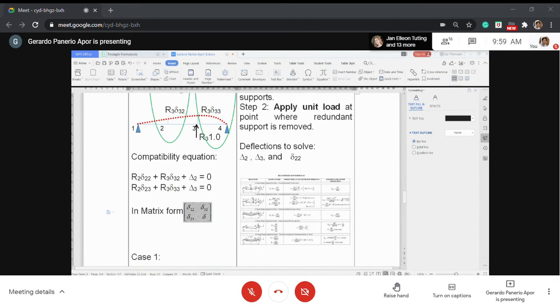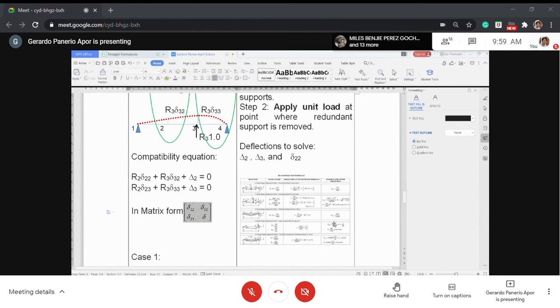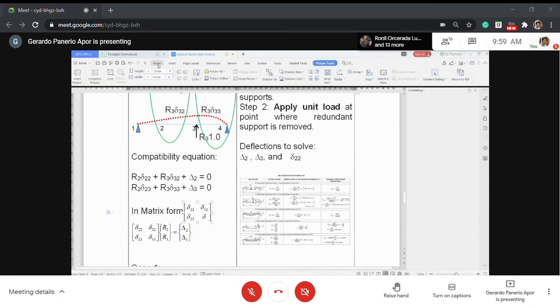You'll have delta 2, delta 3. So that's how it is. That's the equation we are looking at in matrix form.